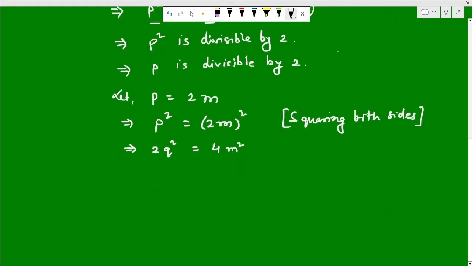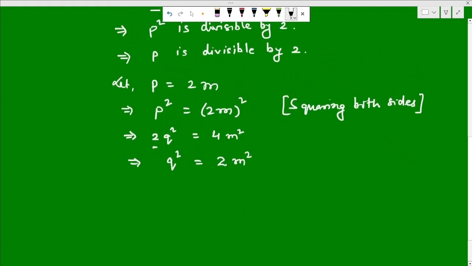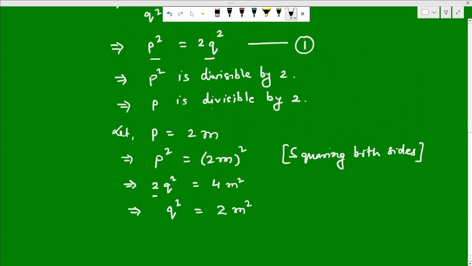Now transpose this 2 to the RHS. So here we get q square equals 2m square, since the 2 goes to the RHS and divides the quantity there, and 4 divided by 2 becomes 2. And you can see here, as we concluded from equation 1 that 2 is a factor of p square, that means p square is divisible by 2, and so p is divisible by 2.